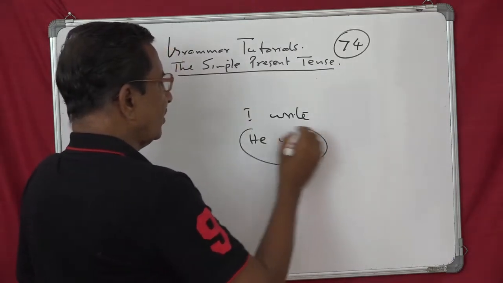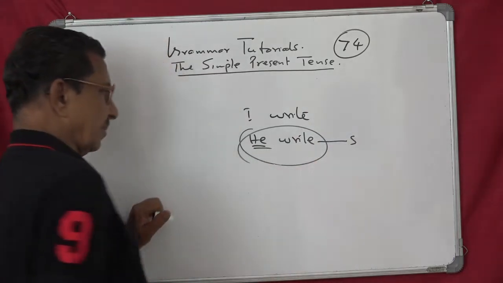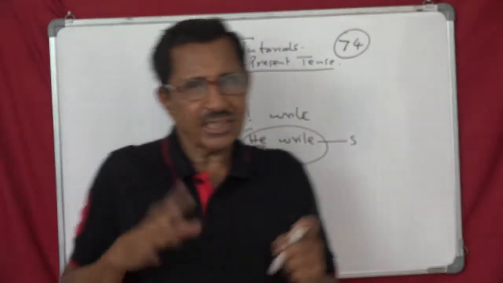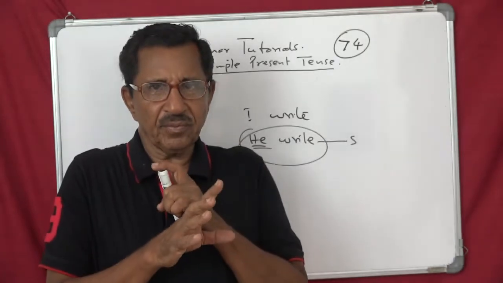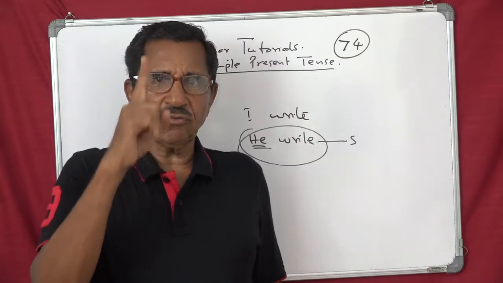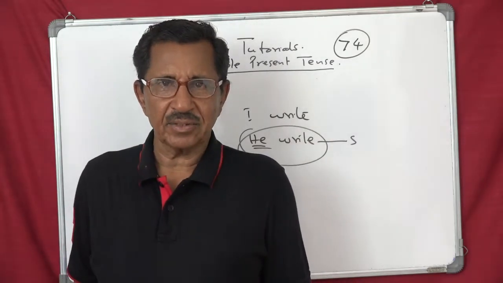This is wrong because you have to say writes, third person singular. Understand? There are only 6 possible ways you can start a sentence. In all the 5 possible ways you use the form without S. Only in one place you use the form with S, and that is third person singular.